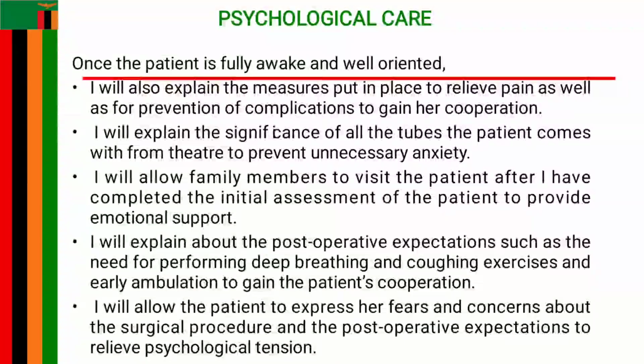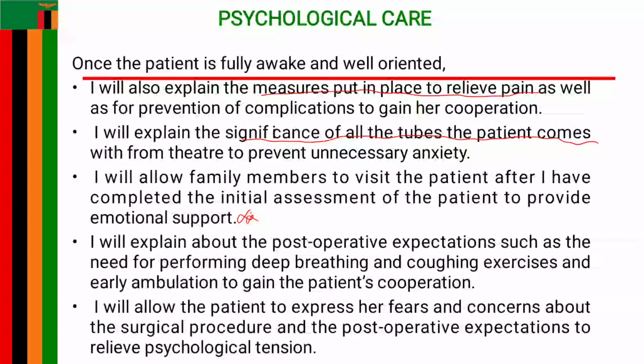From there, of course, the next heading is psychological care. On psychological care, you say, of course, once the patient is fully awake, you can explain the measures put in place to relieve pain. You can talk about explaining the significance of the tubes that the patient has come with from theater to prevent unnecessary anxiety. You can, of course, allow family members to visit. This will provide emotional support.